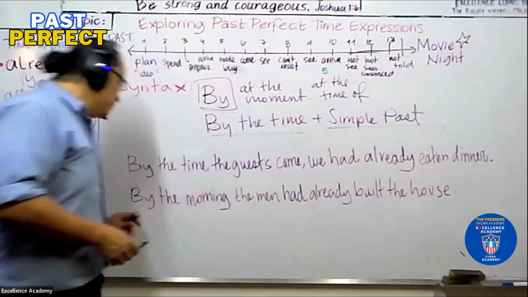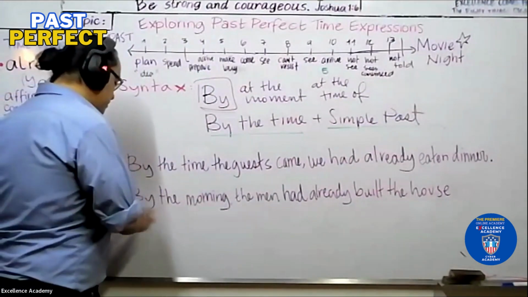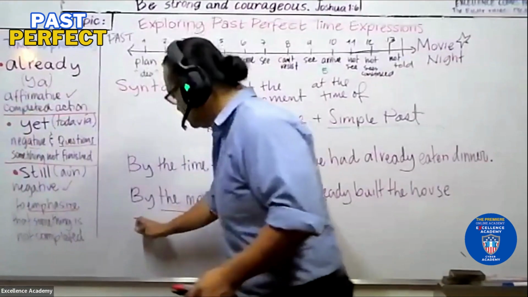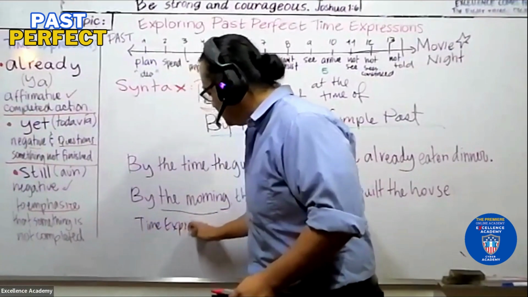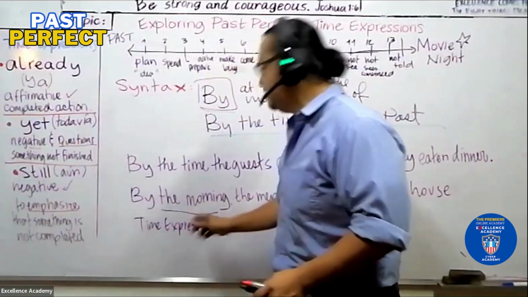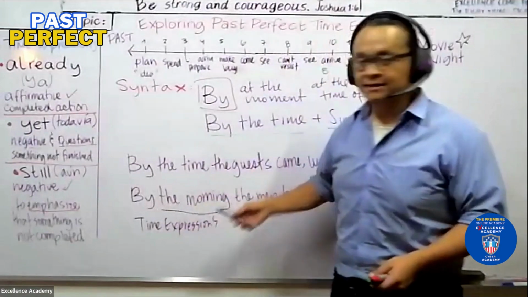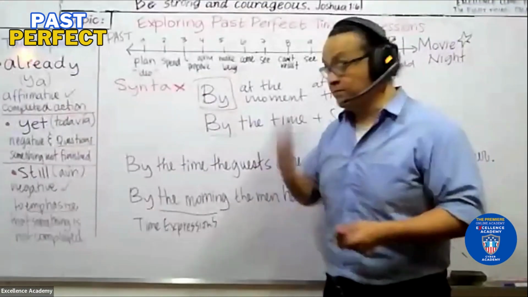So we use this by to introduce a phrase here. Here, the morning is going to be a time expression, right? Just like with simple past we say yesterday, last week, last night, with this by and a phrase, some kind of time, we introduce time.